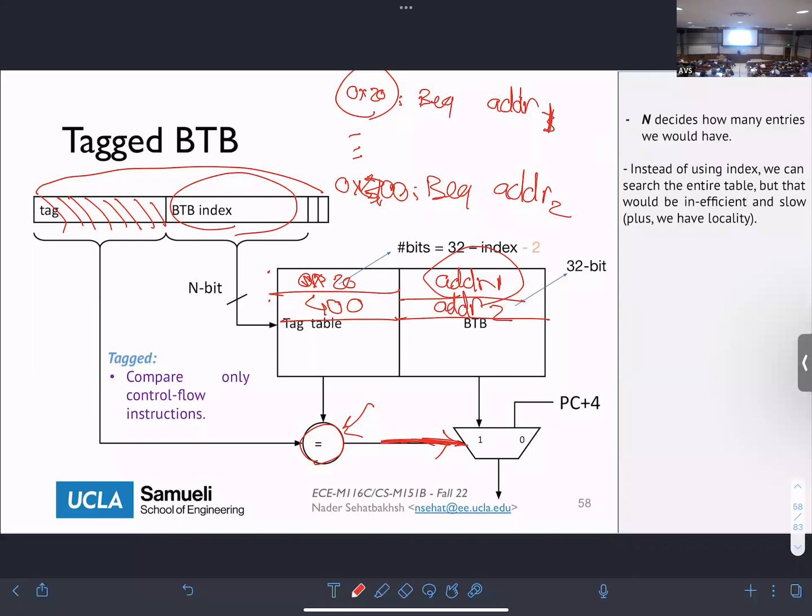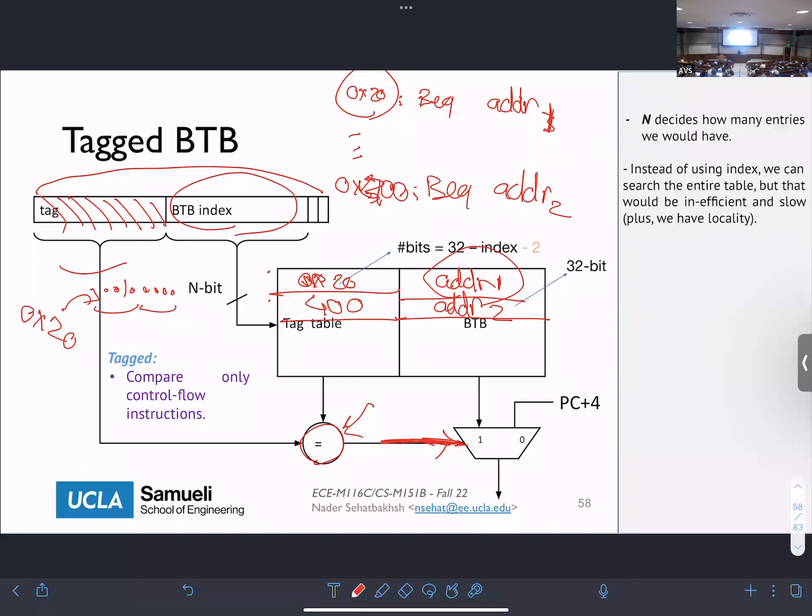So if, for example, you have something like 0x20, and let's say I'm using 4 bits for indexing and 4 bits for tag. So 0, 0, 1, 0, 0, 0, 0, right? This is the binary value of this.